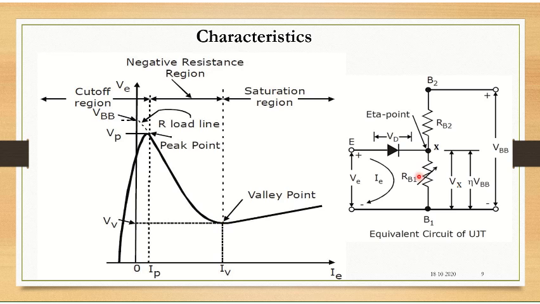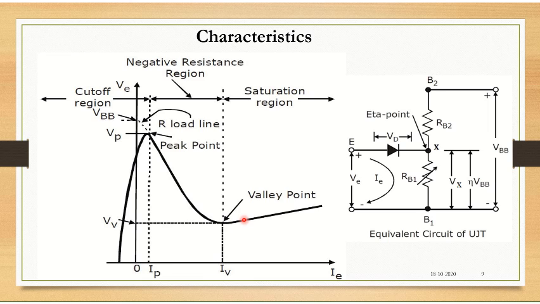Remember, I had mentioned in the beginning of the session that the resistance of RB1 can drop from 4 kilo ohms up to 10 ohms, right? So this is the region where RB1 gets reduced to 2 to 25 ohms.